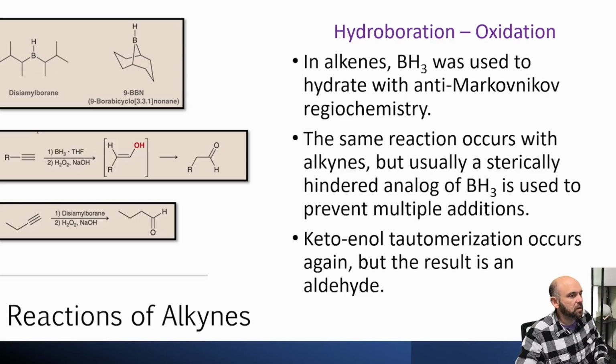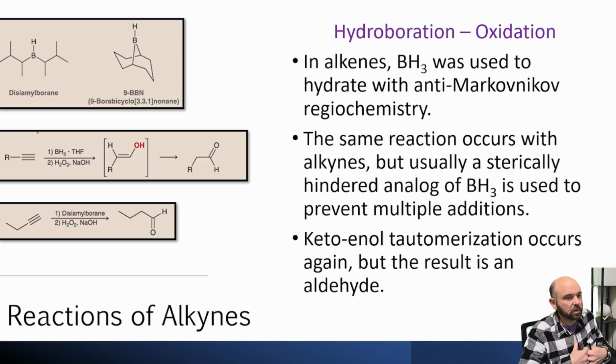Some of the H's have been replaced with alkyl groups. You can see up here in these examples disiamylborane and something called 9-BBN, which has this really bulky dual ring structure on the bottom of it. What that does is it allows it to undergo the reaction one time, but prevents it from doing it again.